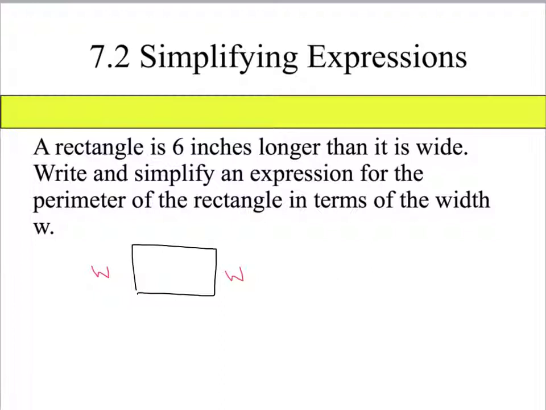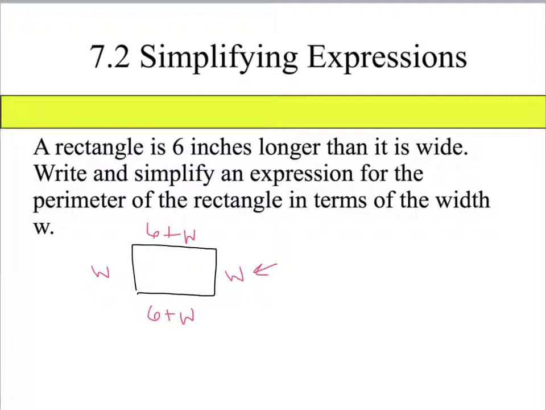But we do know the length of it. It says 6 inches longer than it is wide. Well, if we plugged in W for our width, it's going to be 6 inches longer than that W. So 6 plus W on both sides.